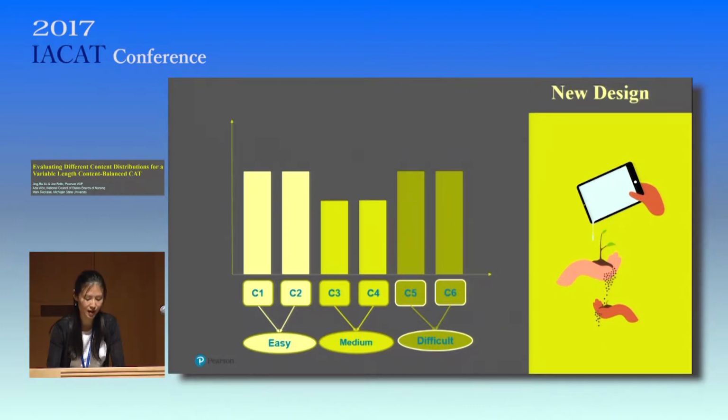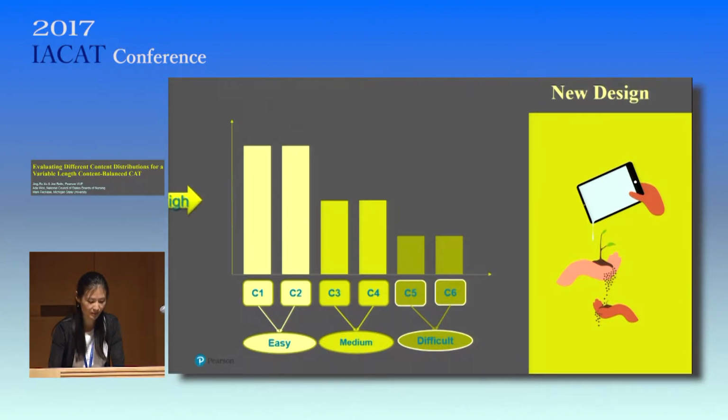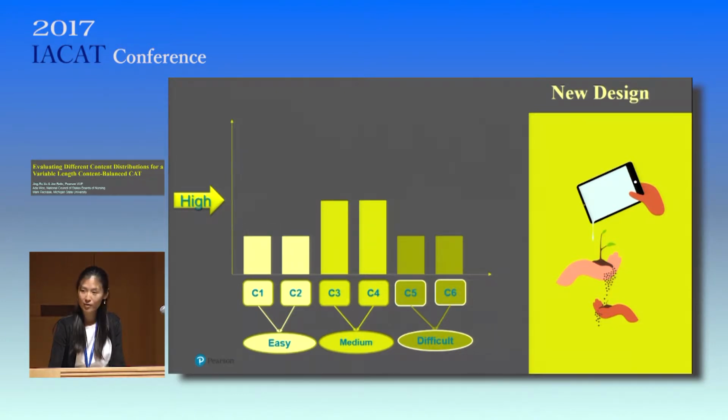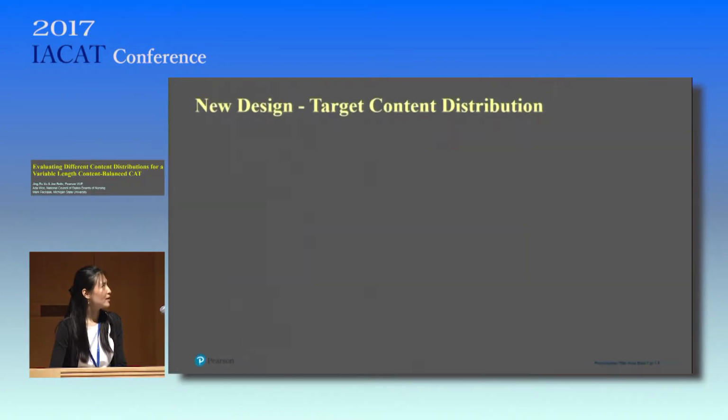But for our new design, for the lower ability group, we will increase the number of items taken from easy content areas and decrease the number of items taken from harder content areas. For the high ability group, it's the opposite. We will decrease the number of items taken from easy content areas while increasing the number of items taken from harder content areas. So basically, instead of a fixed target content distribution, this design proposes an adaptive content distribution, given different ability groups.